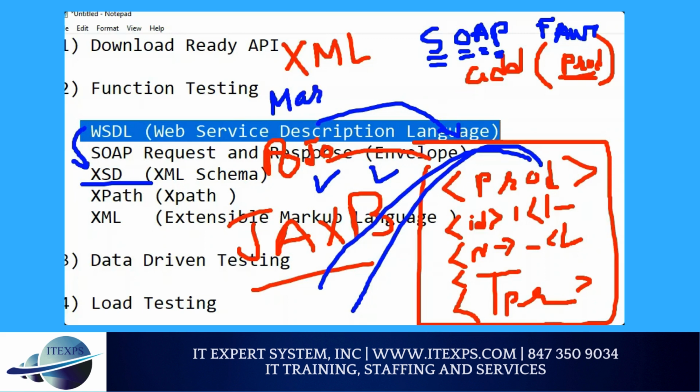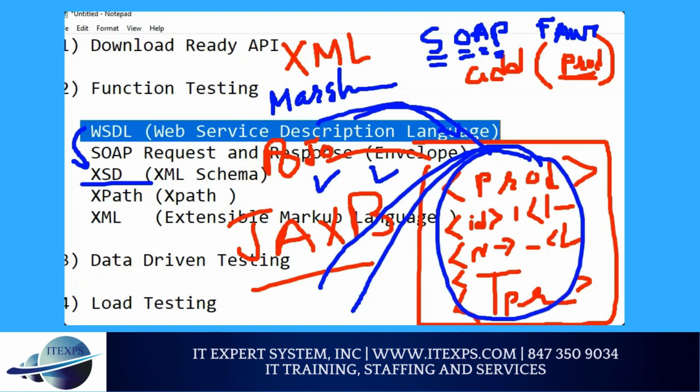Speak with me. Marshalling. Marshalling means you are taking normal XML or JSON and converting it into Java. In normal English, we call it translation. But if you do the reverse, taking Java to XML, it's called unmarshalling. So marshalling and unmarshalling. JAXB is very popular for that.